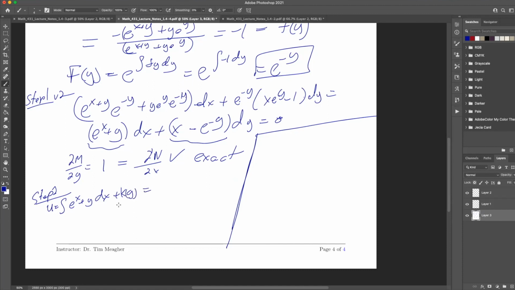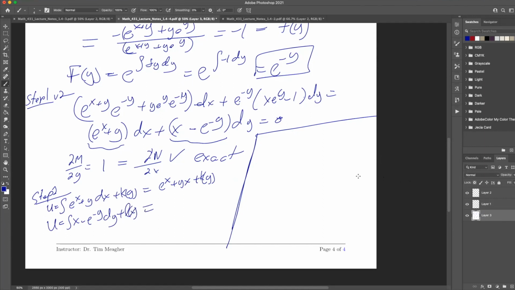If I take this with respect to x, I'm just going to get e to the x plus yx plus some function of y. If I do the other one, it'll be e to the x minus e to the minus y dy, and then plus some function of x.